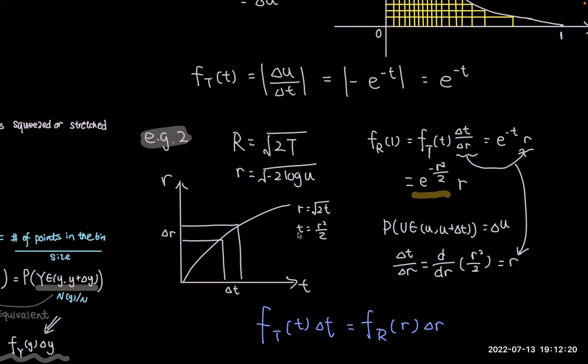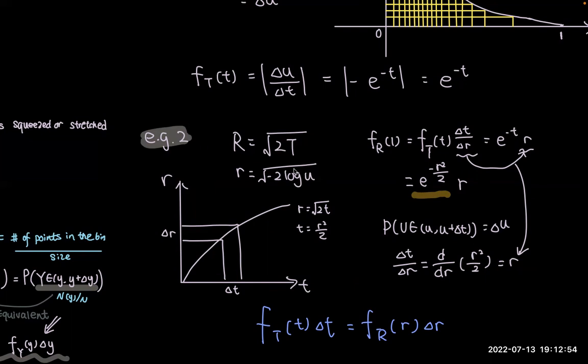So delta t over delta r is r, the derivative of this function. Therefore, the density of R at this small r equals e to the negative r squared over 2, because t equals r squared over 2, we just plug that in, times r. So this is the density for the random variable R after this transformation.